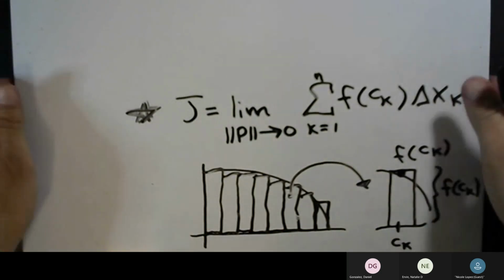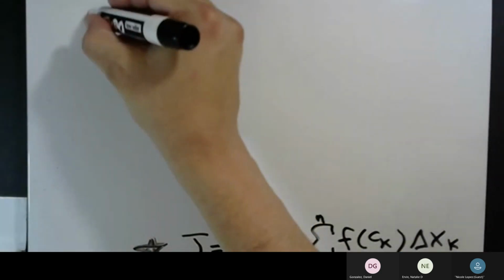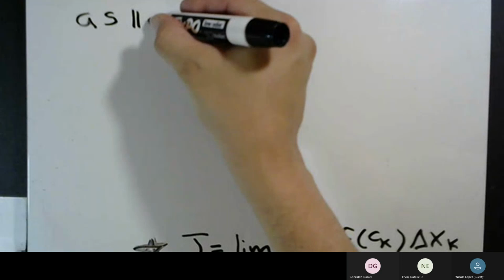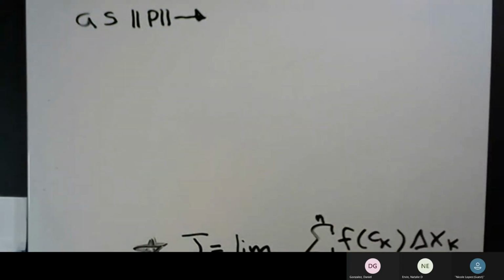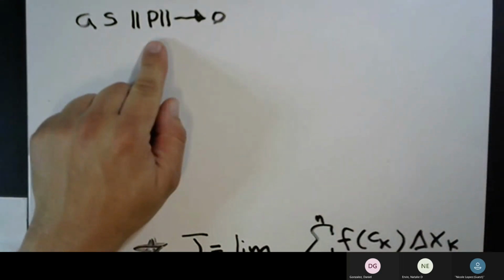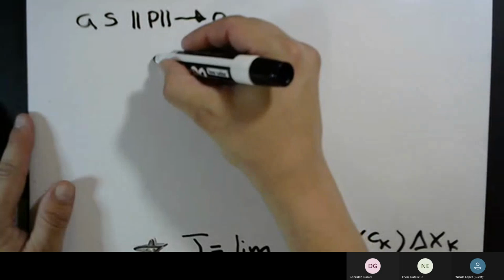And as a result, now P represents the largest width of one of these rectangles. So as these become more numerous, P has to get smaller and smaller, or as P gets smaller and smaller, we get more rectangles.